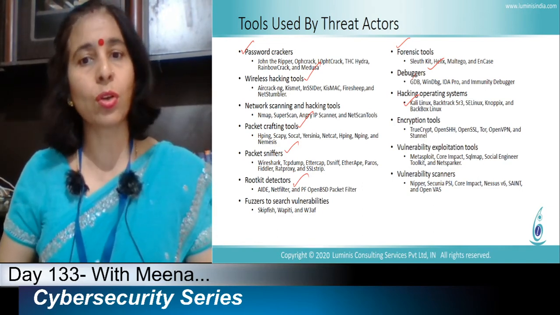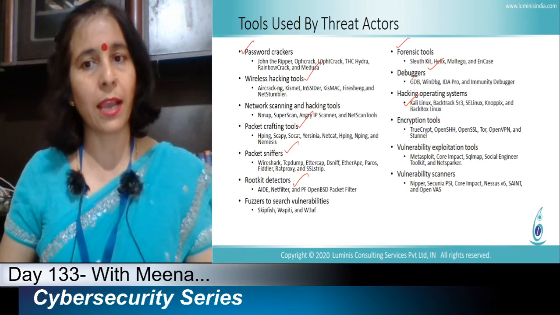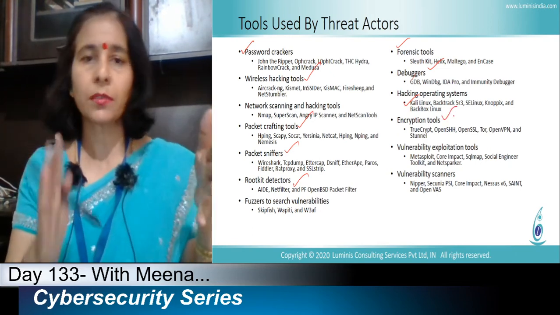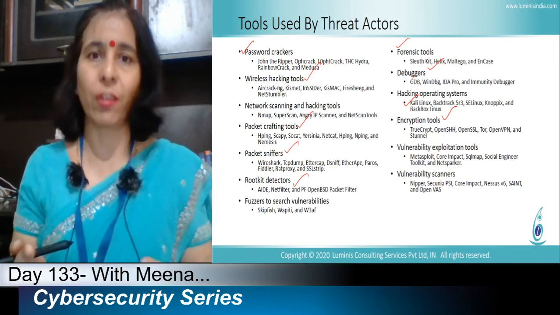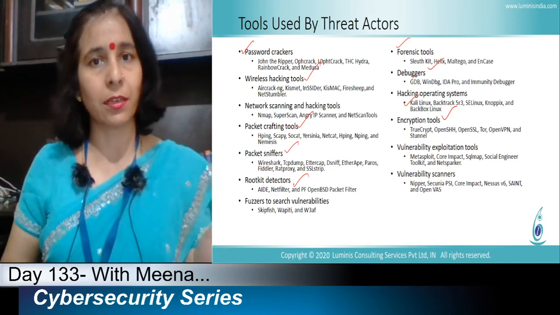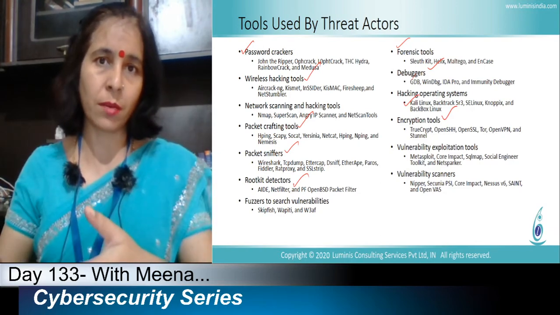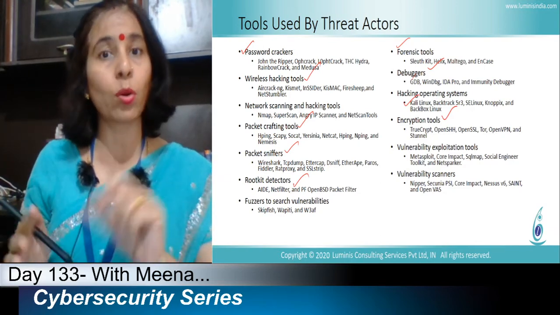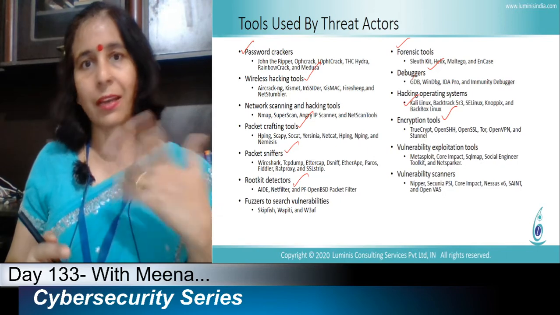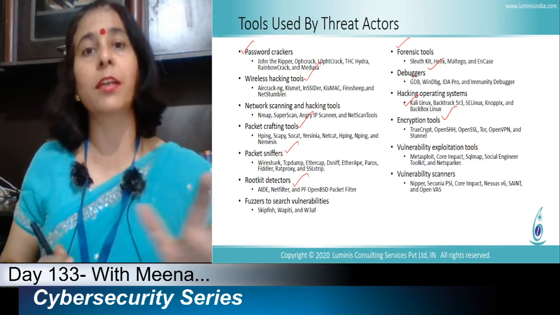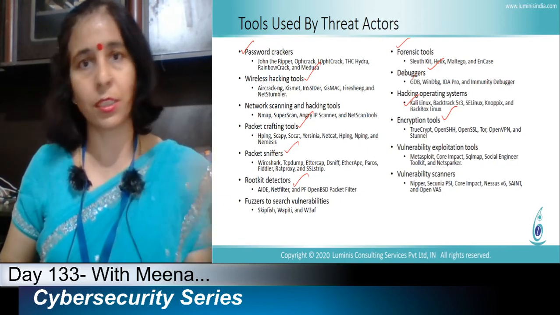They can also use encryption tools. As I told you, for example with ransomware, they encrypt the data. Similarly, whatever data they have stolen from the system, they may want to encrypt it, or they attack the target machine and want to encrypt the data over there.